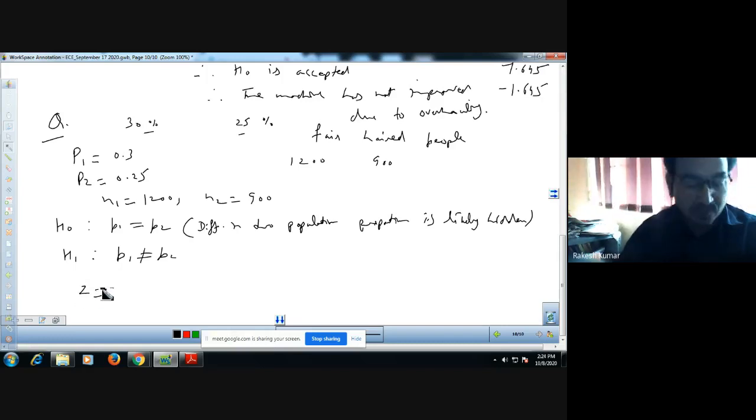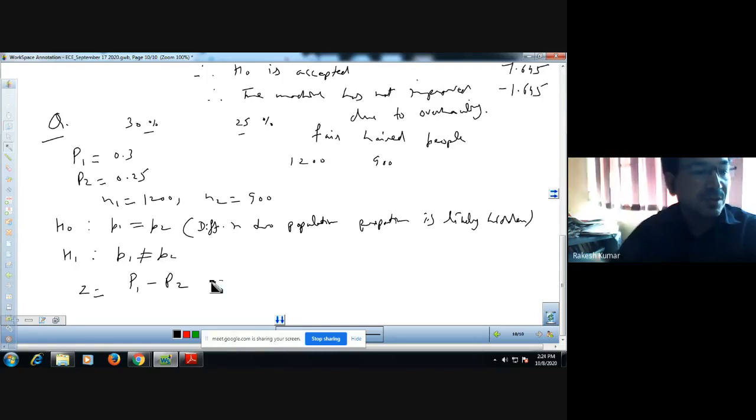Now you can calculate a test statistic, and the new formula for calculating the test statistic is this one, because this is a question of a large sample. Earlier it was also a large sample, but earlier we were given the statement so that we could find out the proportion.